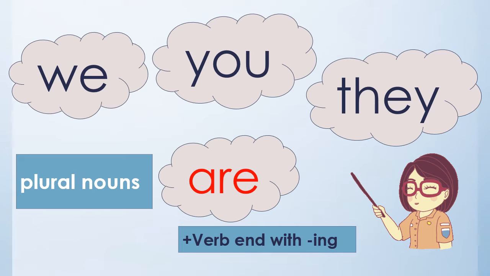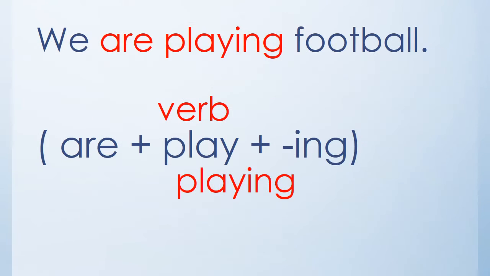Let us see examples of each one of them. We are playing football. We are. With we use are, and the verb is play plus ing, which becomes playing. We are playing.